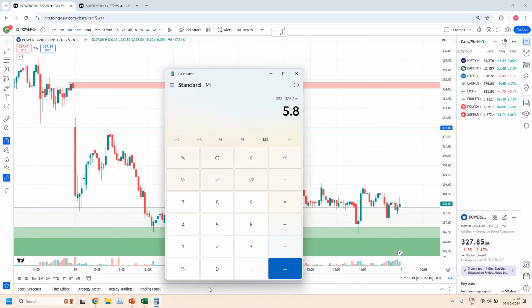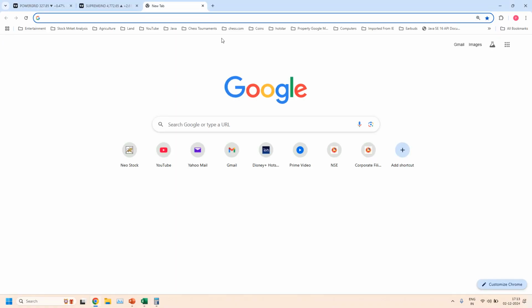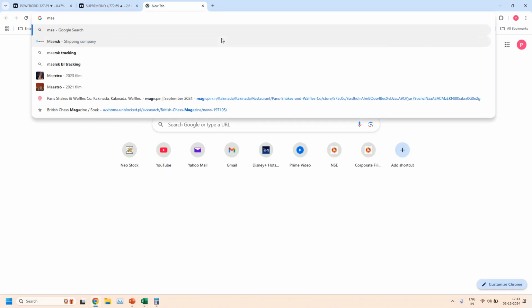Okay, forget about position sizing. Without position sizing, if you had taken the trade, how much profit would you have got? Of course, that is not a correct way, but from a calculation point of view, let us see. So this is POWERGRID. Let me open Zerodha's margin calculator.